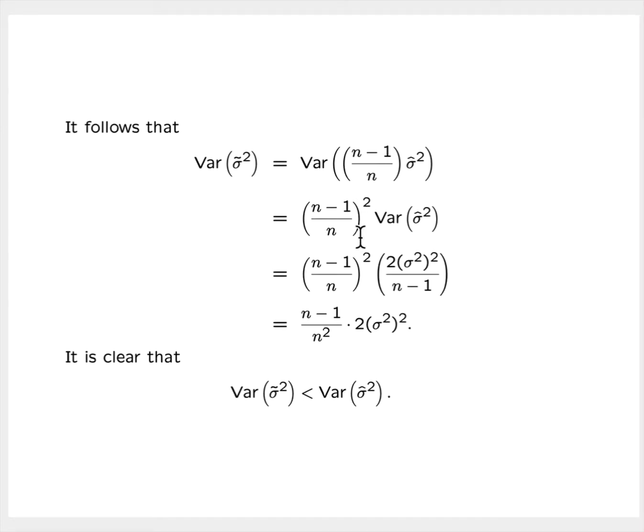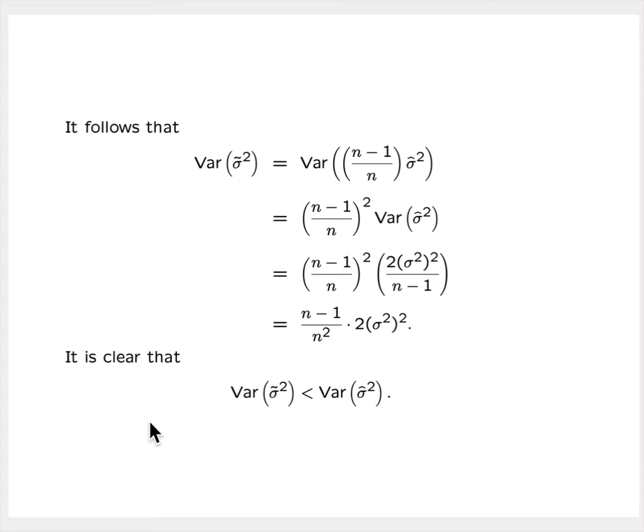We've got to be careful to do that. And so we have n minus 1 over n quantity squared times the variance of sigma hat squared, which we just found to be 2 times the square of the variance divided by n minus 1. And now we can do some simple algebraic simplification, and we find that the variance of sigma tilde squared is equal to n minus 1 over n squared times 2 times the square of the variance.